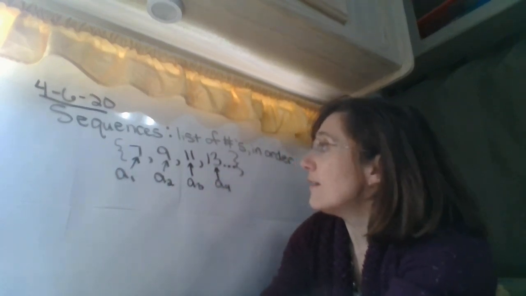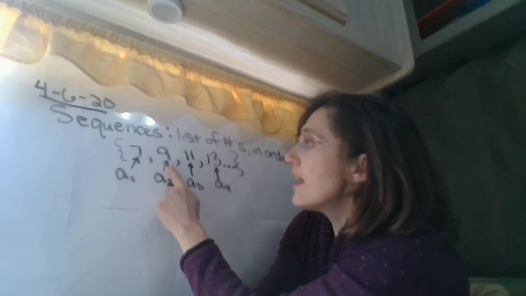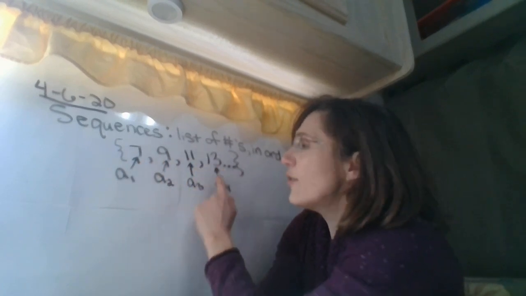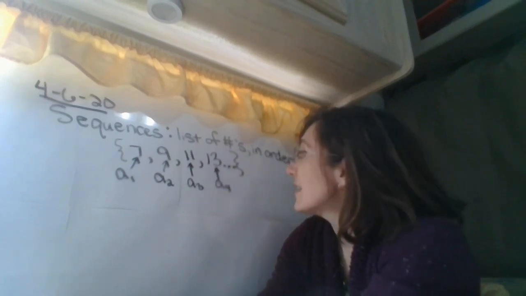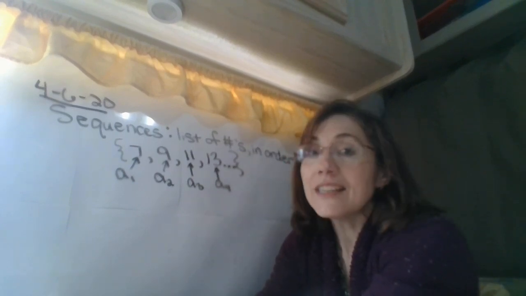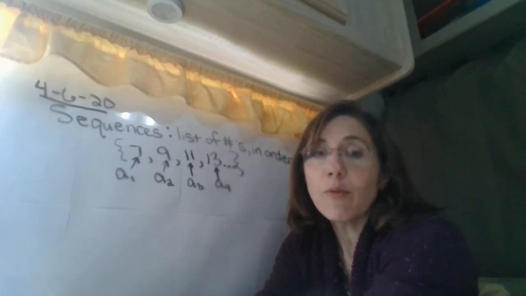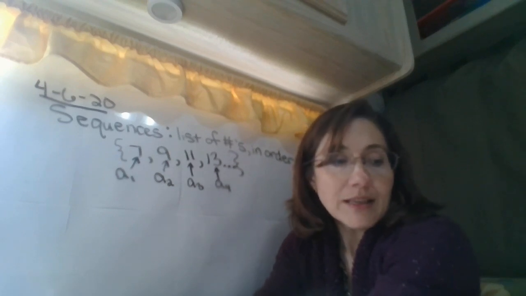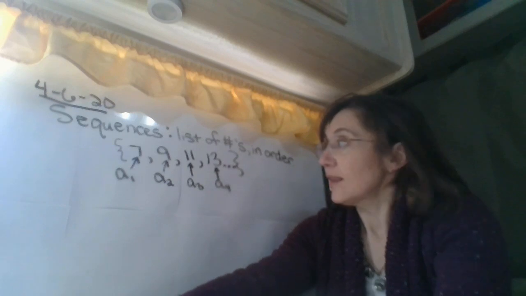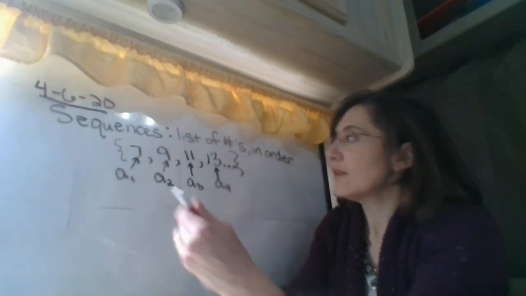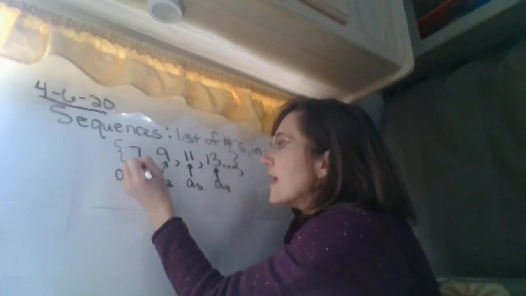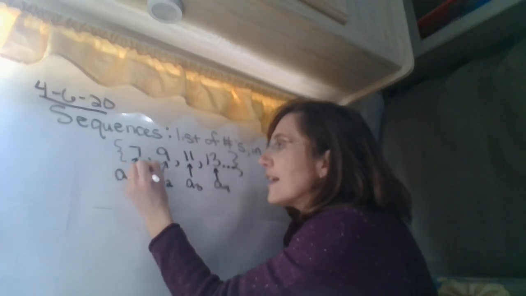So if we have an infinite sequence that goes 7, 9, 11, 13, I wonder what's going to come next. Can we predict what's going to happen? Can we see how this pattern is growing? That's what we're going to be looking at with sequences. So if we study this previous example here, we can see from 7 to 9, it grows by adding 2.